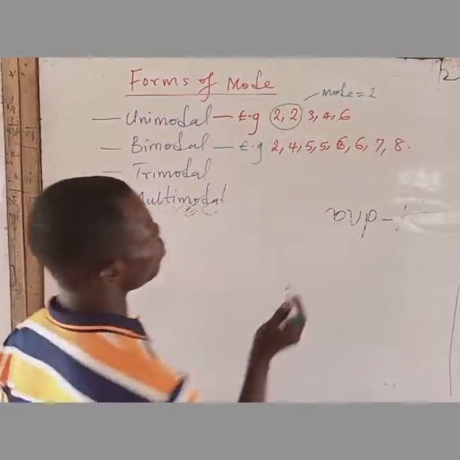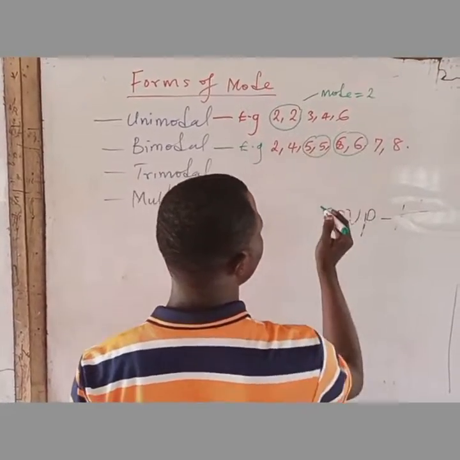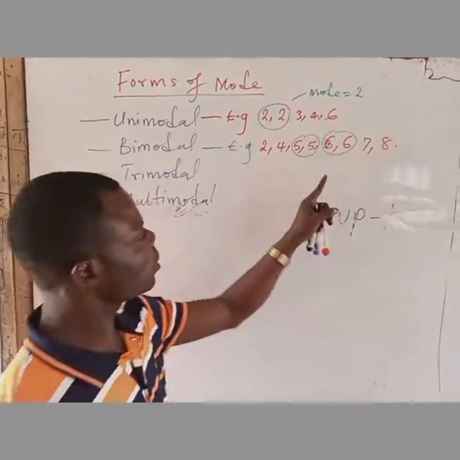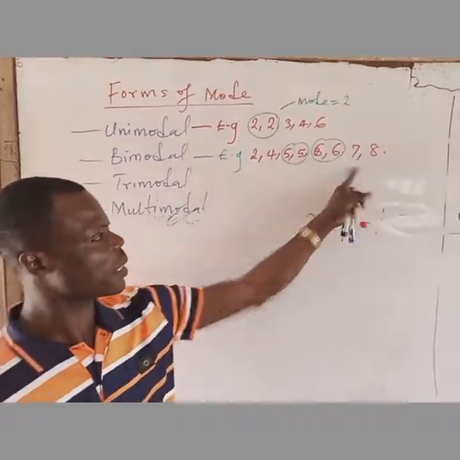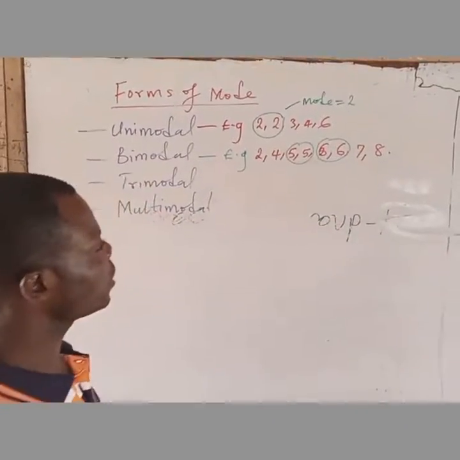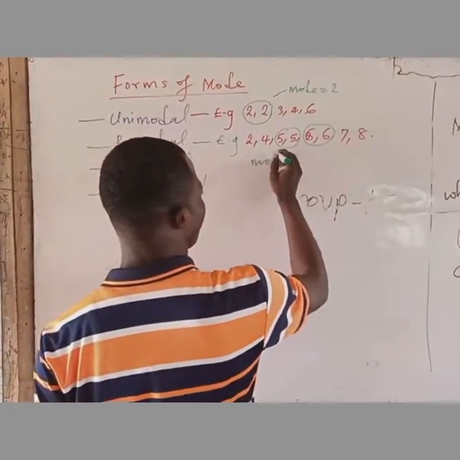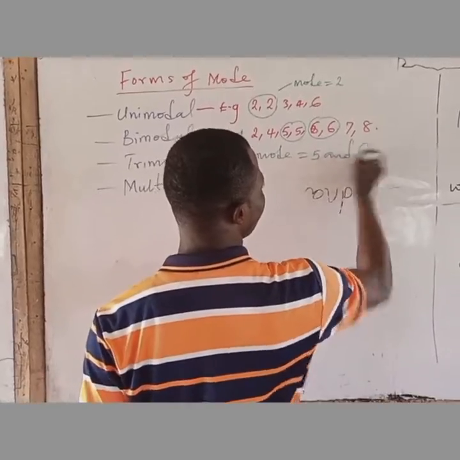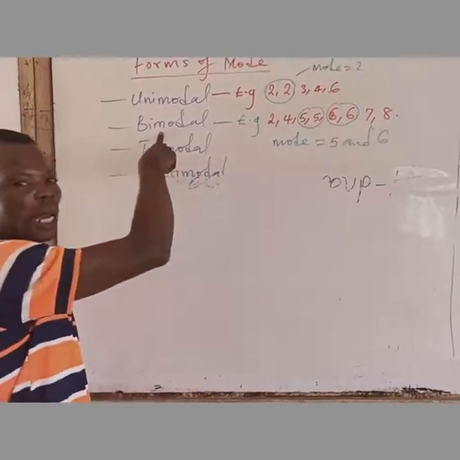So here 5 and 6 are the mode. 5 appears 2 times, 6 appears 2 times, while others appear once. Therefore, the mode is equal to 5 and 6. Here we say it is bimodal.